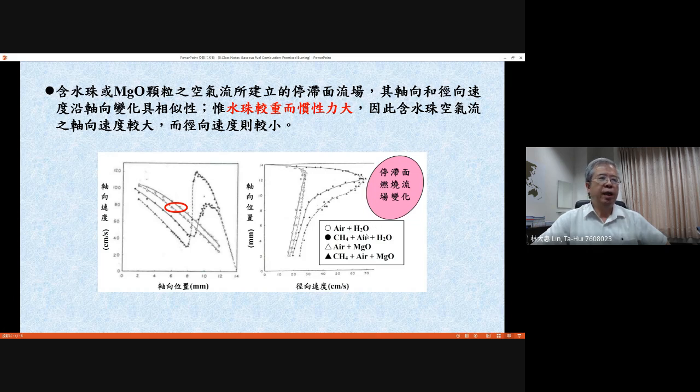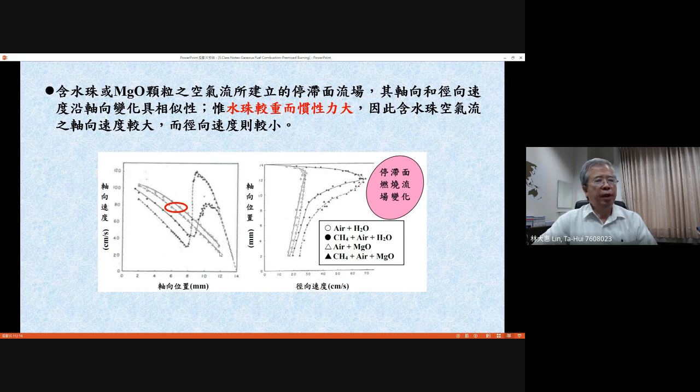That means it cannot represent the actual velocity of the flow. But magnesium oxide is smaller and can follow the flow, so you can use it to represent the flow velocity. The difference is basically due to their momentum difference. But anyway, they continuously reduce to 0 at the edge of the stagnation point flow.